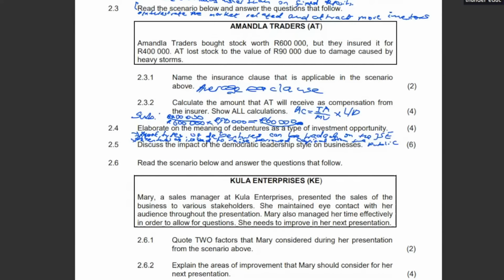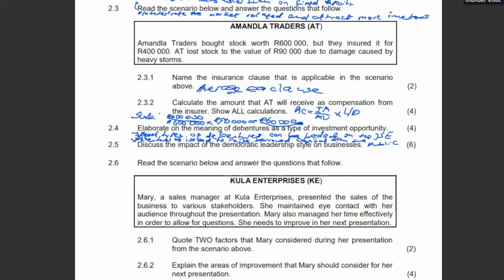2.5 Discuss the impact of the democratic leadership style on businesses. Remember, grade 12s, I always tell you that whenever you are faced with the question that says discuss the impact, this is two-way. You must take into account both a negative impact as well as positive impact.